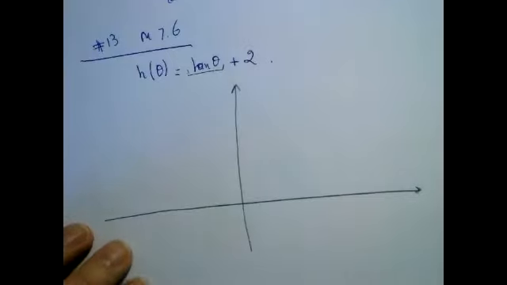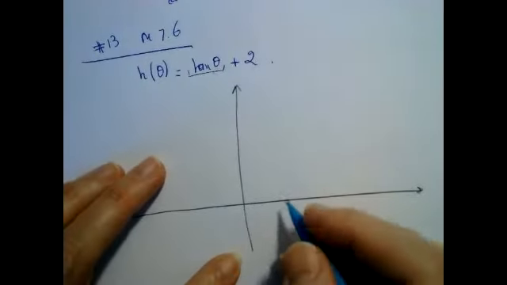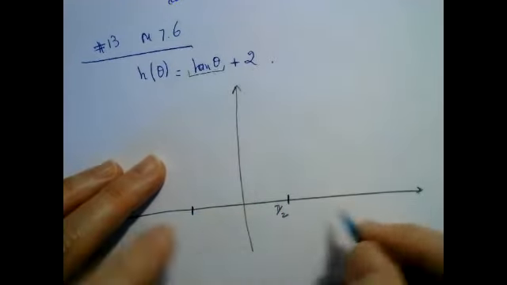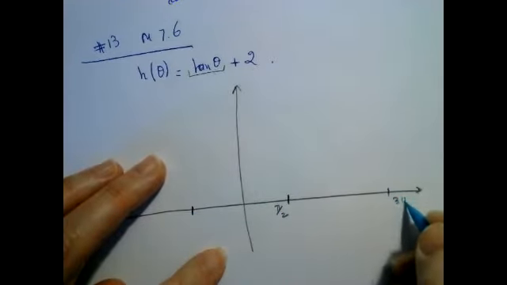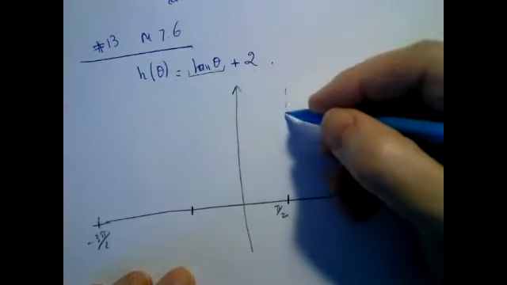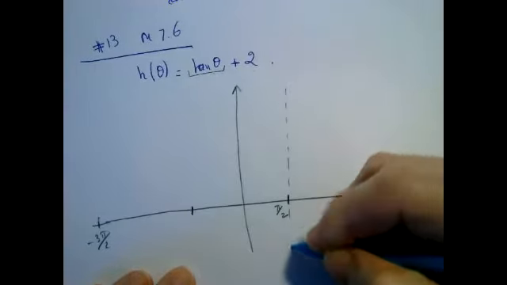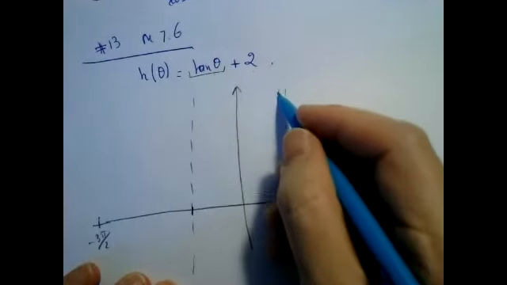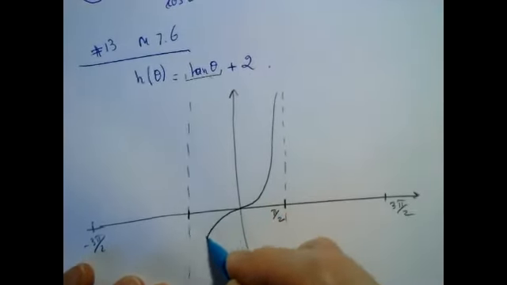And the graph of tangent was like that. So this is pi over 2. This was minus pi over 2. And this is 3 pi over 2. And the graph was like this. Right here, there is no output. That's what we're going to call the asymptote. And then the graph went like this.